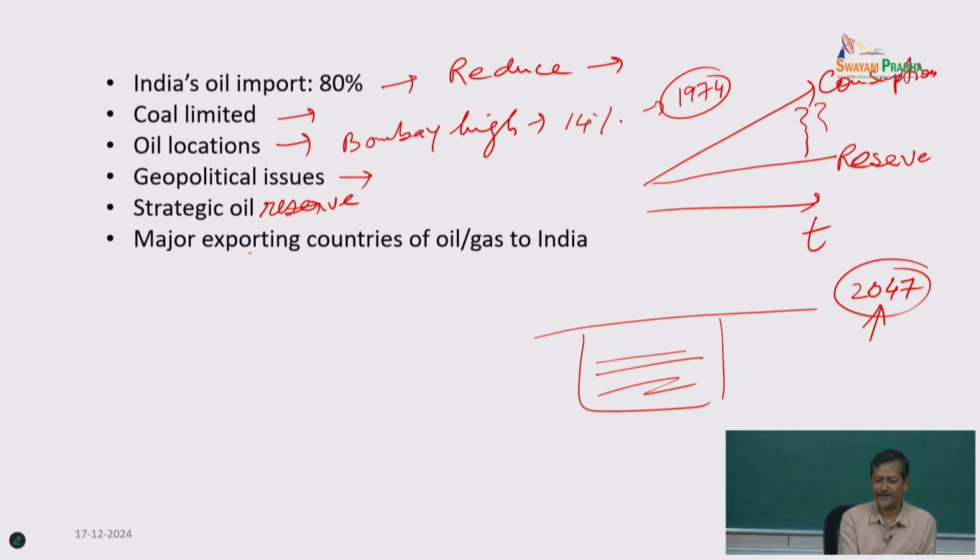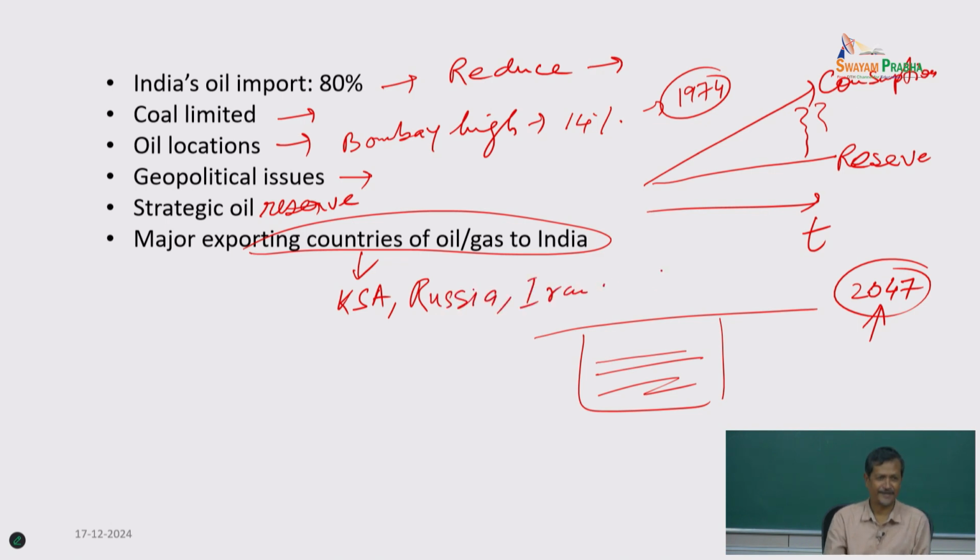Major exporting countries for India include Saudi Arabia and Russia. Now you have seen lots of news because of political issues. Russia is there, Iran is there, the Middle East and many other countries are there. UAE is there, Qatar is there, and the USA also exports. Many times, although it is a small country, for example the USA may not be exporting much, but because of a strategic relationship, they will export something to India and India will import something. Maybe a certain quality of oil they will import from the US, and a certain quality they will give, so that the strategic relationship is maintained.